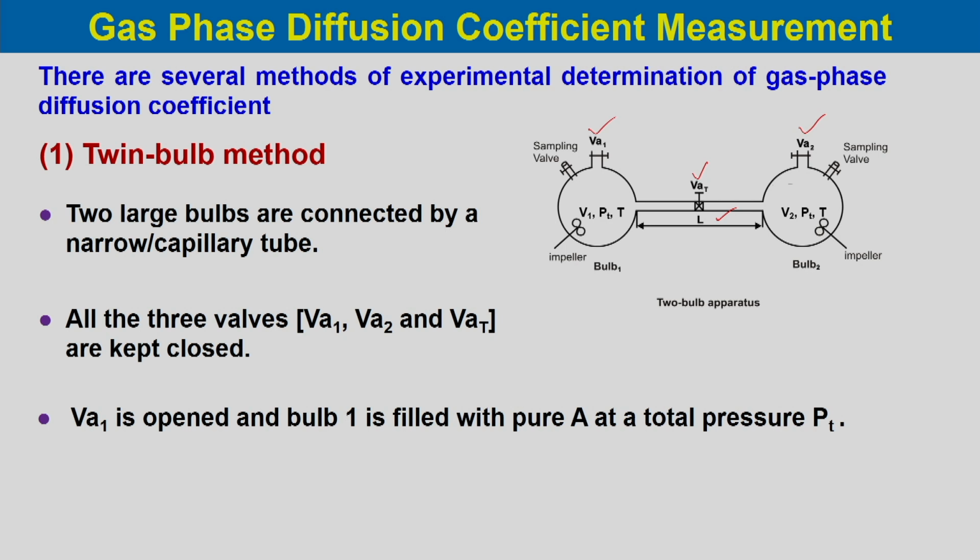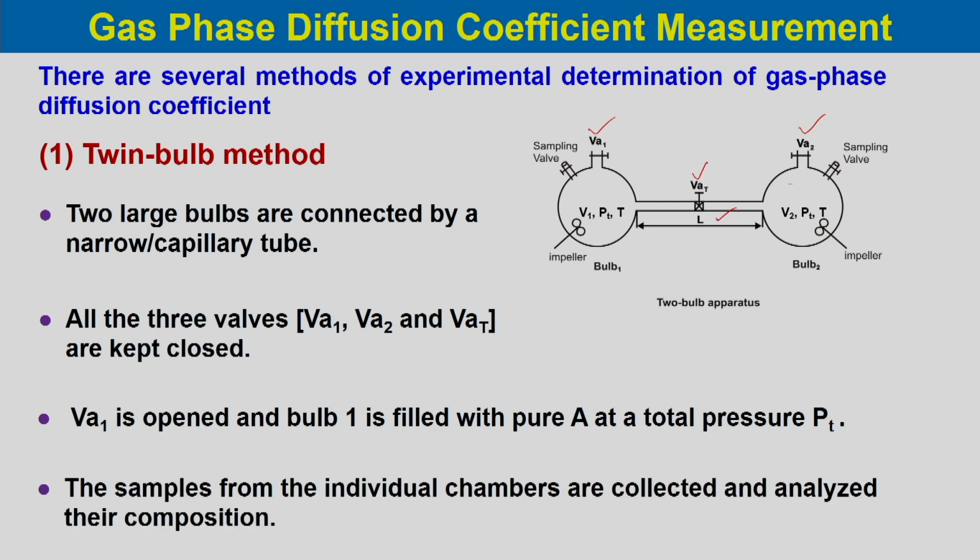Now VA1 is opened and bulb 1 is filled with pure A at a total pressure of PT, while the other two valves, VAT and VA2, are closed. So VA1 is open and pure component A is filled into bulb 1.